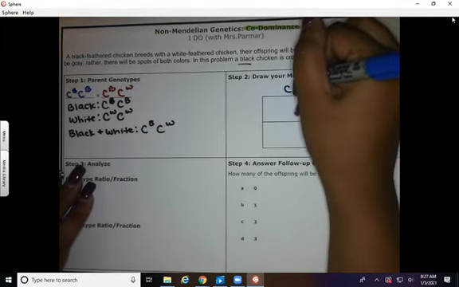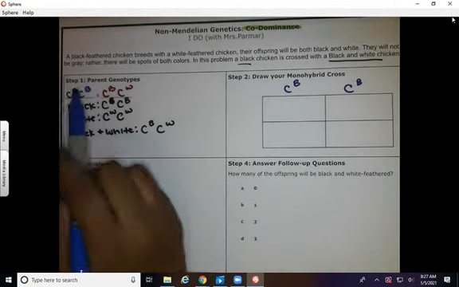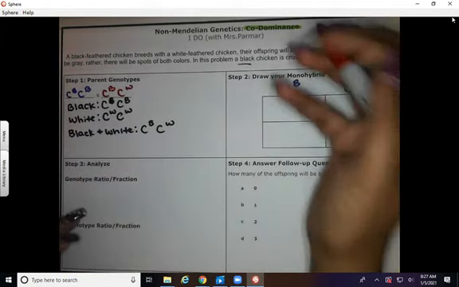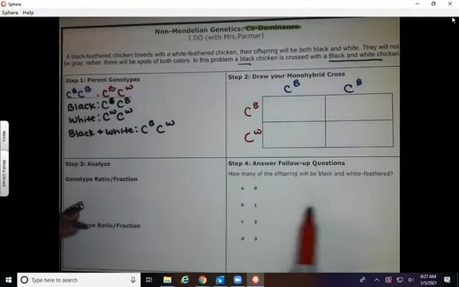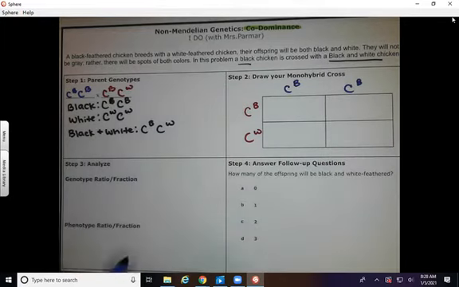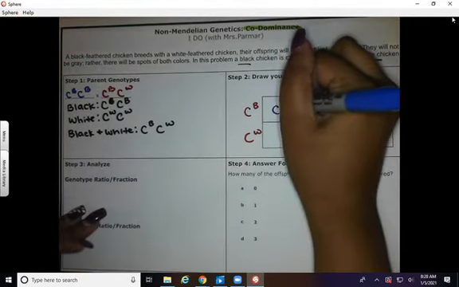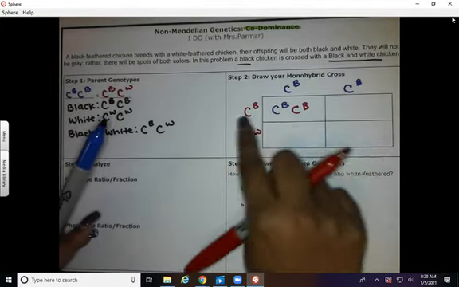CB, CB, that came from here. And the other parent was CB, CW. Okay, so remember, these come down, these go across. So I'll show you how this gets filled in. CB, CB, so from here and here.